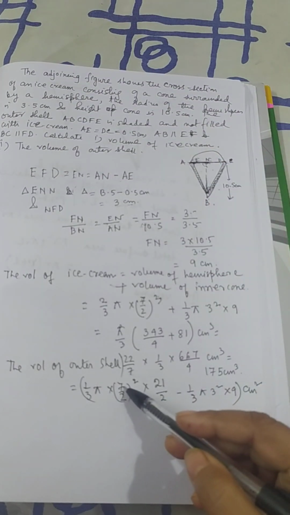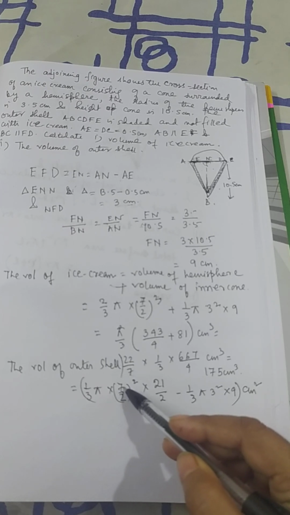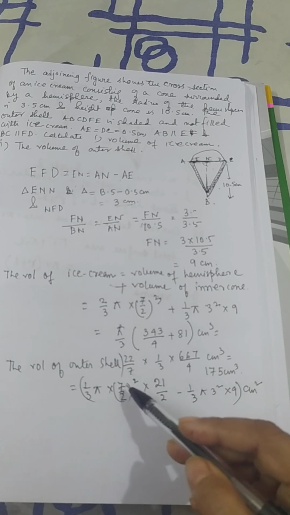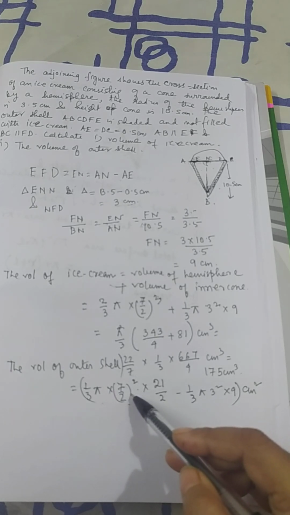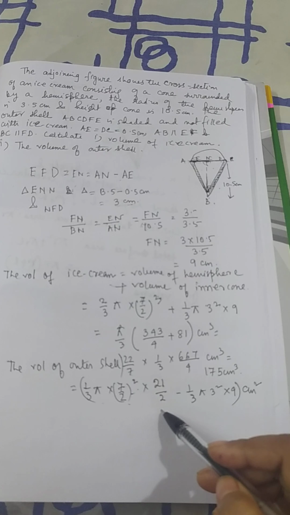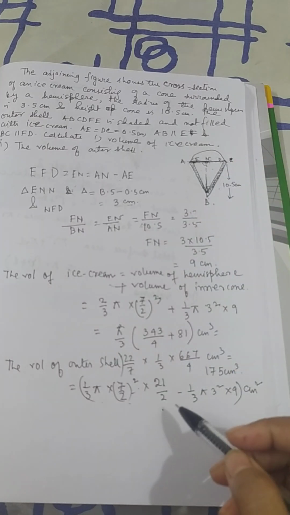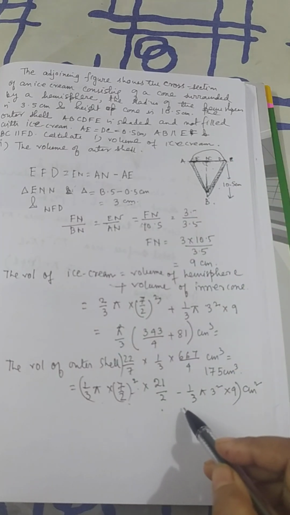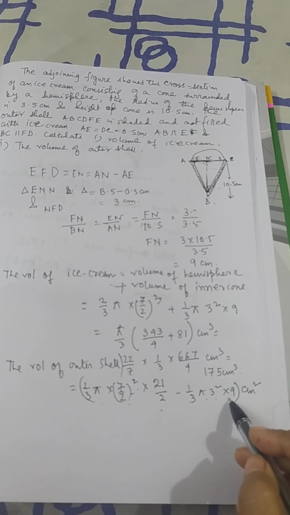So as 3.5, the diameter is 7, so half is 3.5, that means 7 by 2, 1/3 pi r square, and 21 by 2, that means this slanting length, minus 1/3 of the inner cone, 1/3 pi r square h.